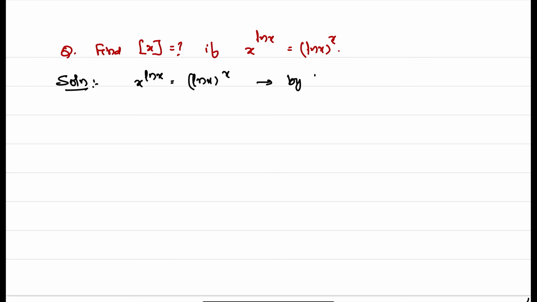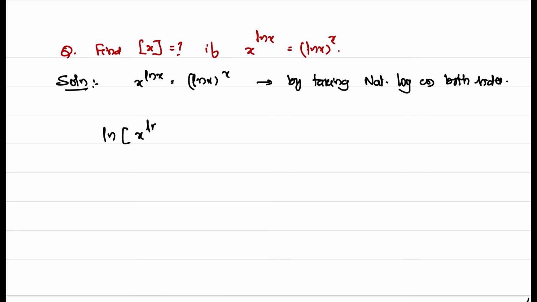By taking natural logs on both sides, we get natural log of x to the power of ln x is equal to natural log of ln x to the power of x.